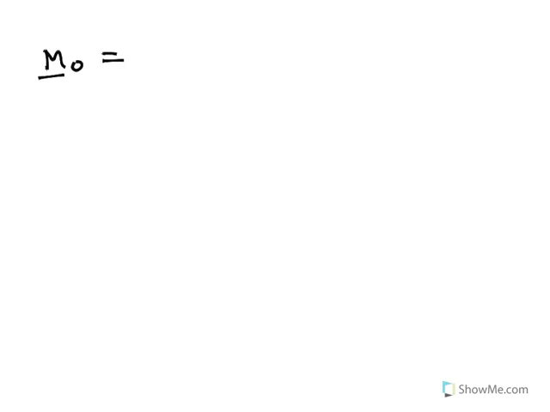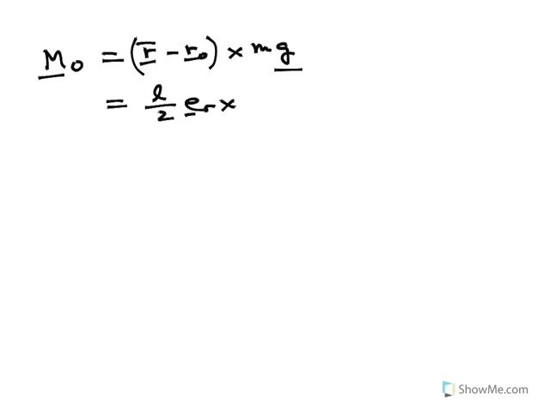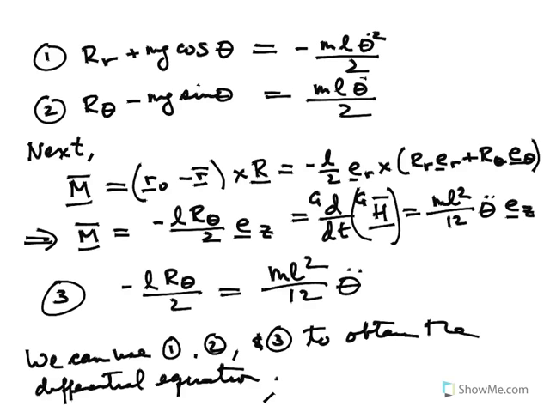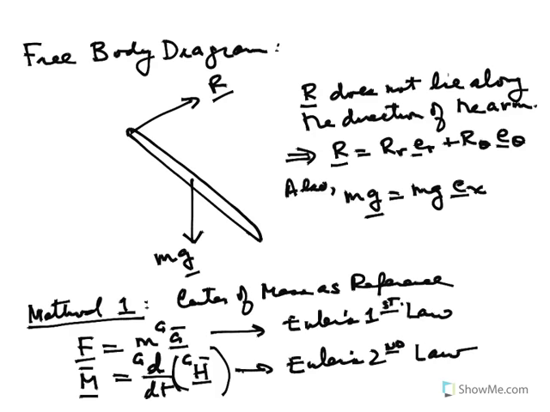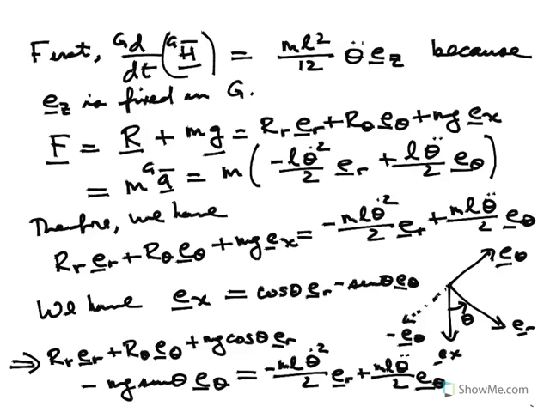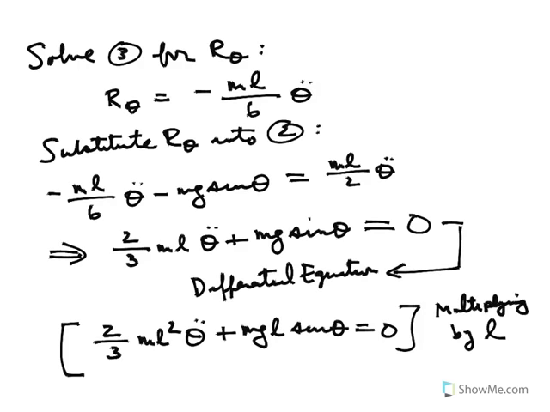So as a result, we've got R bar minus RO crossed with mg because gravity acts at the center of mass. So that's equal to L over 2 ER crossed with mg. Now, what's our expression for mg? Let's go back and get mg. mg is equal to mg ex, but ex is equal to cosine theta er minus sine theta e theta.